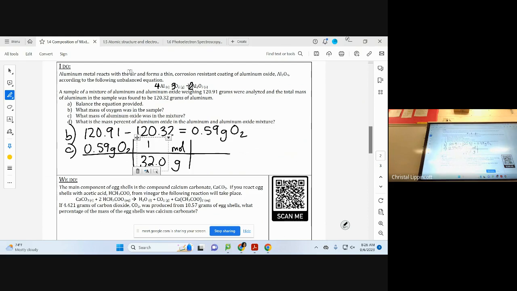Then I'm going to do a mole ratio. I'm going to take my moles of O2 and my moles of Al2O3, and I'm going to get those values from my balanced equation. For every 3 moles of oxygen, I end up with 2 moles of this.